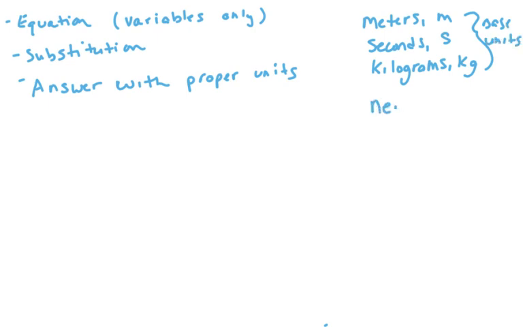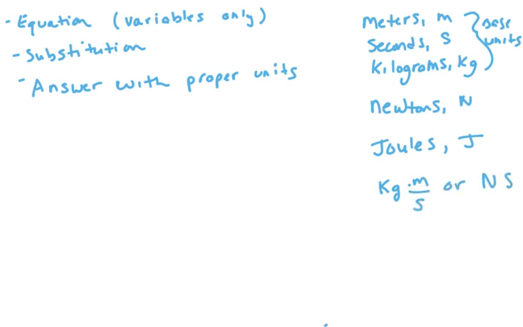So then we have newtons, and that's what we use for force. And for energy, we have joules. And then for impulse and momentum, we have kilogram meters per second, or a newton times a second.